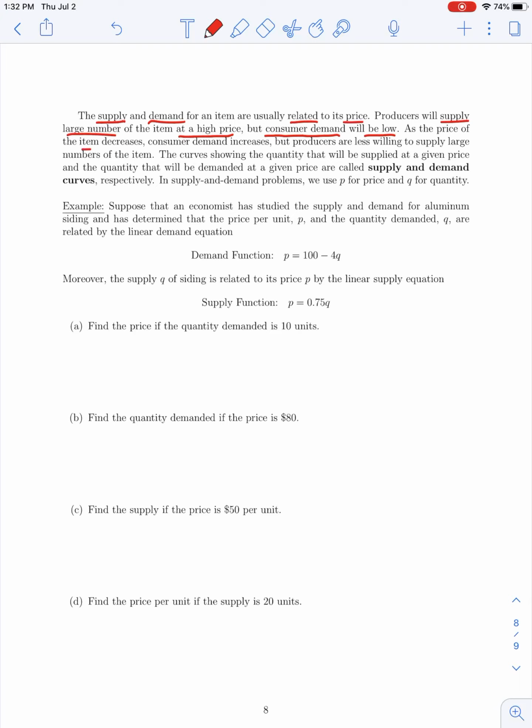And as the price of the item decreases, consumer demand will increase. However, for a low-cost item, producers are less willing to supply a large number of that item.